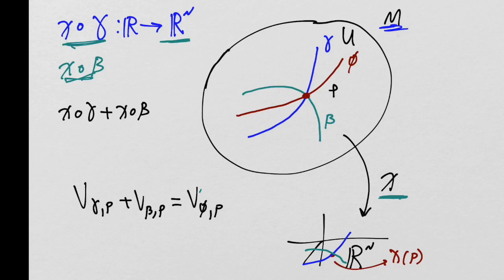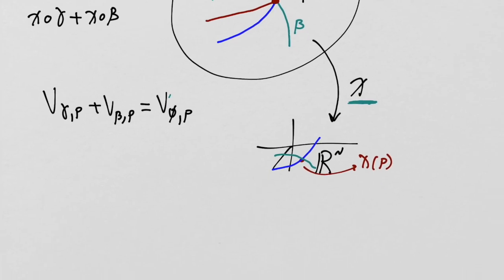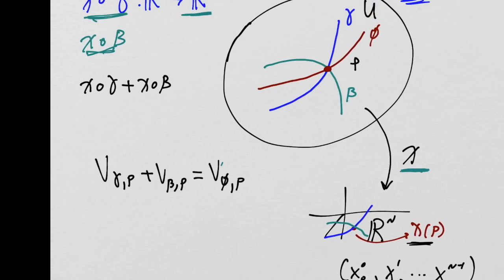Well, let's say the point P has coordinates, well, we know what it has, right? It has coordinates x of P. So say those values are x0 of P, x1 of P, dot, dot, dot, to xn minus 1 of P, right?